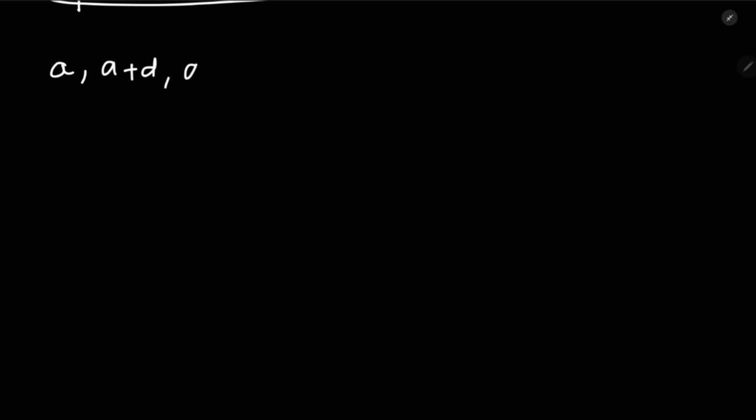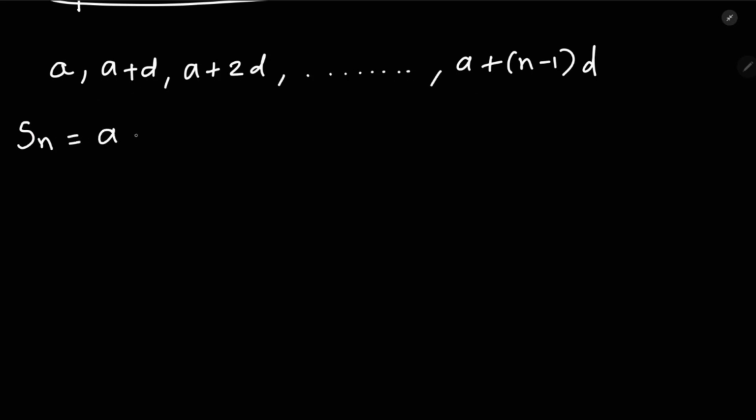So we have A plus D, A plus 2D, so on and so forth, till, let's consider n elements, so A plus n minus 1 D. Now to calculate Sn, we add all these terms together.